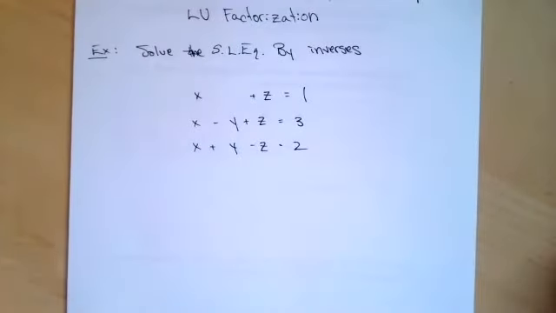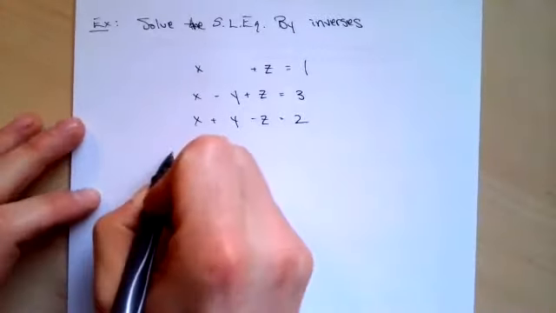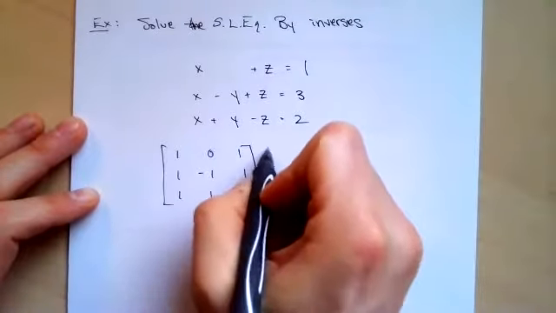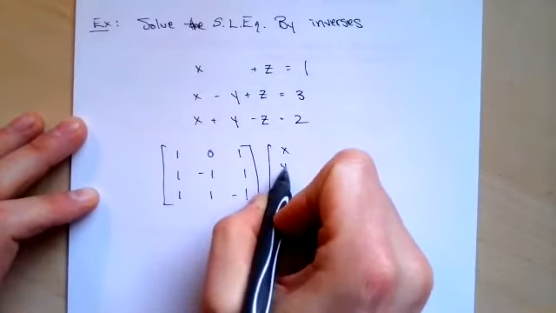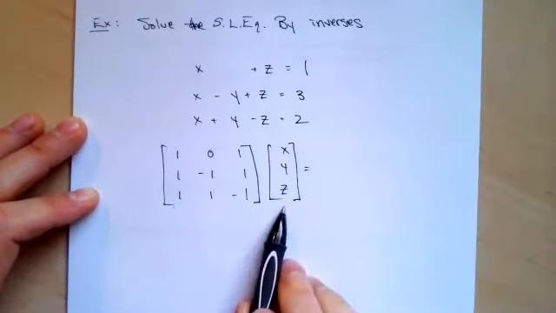So if we wanted to program a computer to solve something like this, it's going to be easiest, in my opinion at least, probably to write it in matrix form. So we saw yesterday how we can pull out the coefficient matrix and write the system of equations as the coefficient matrix times the variable column vector, and we are looking for a solution.